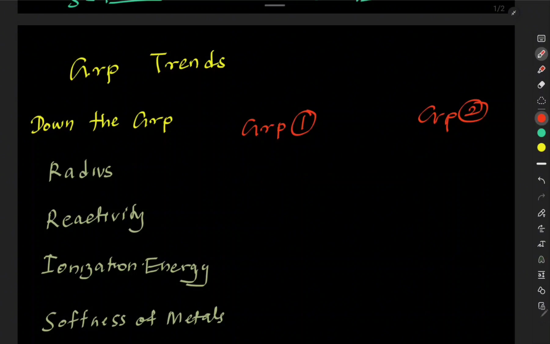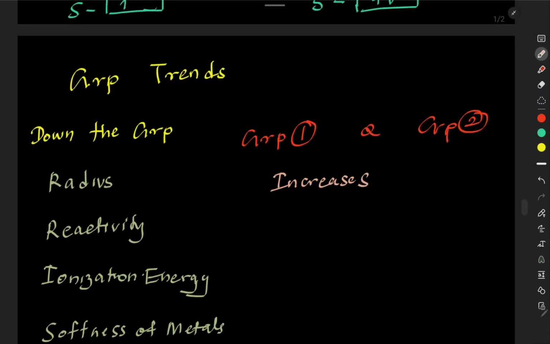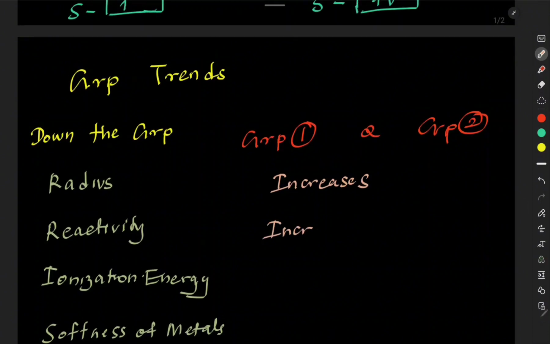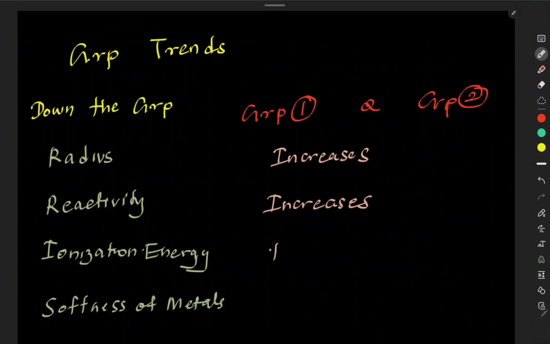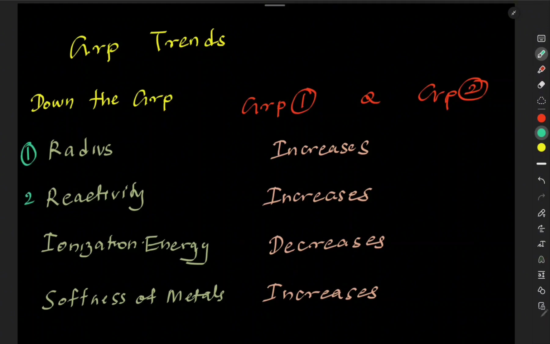That's simple, both are the same for group 1 and group 2. Reactivity down the group increases. Ionization energy down the group decreases. And the softness of metal increases.